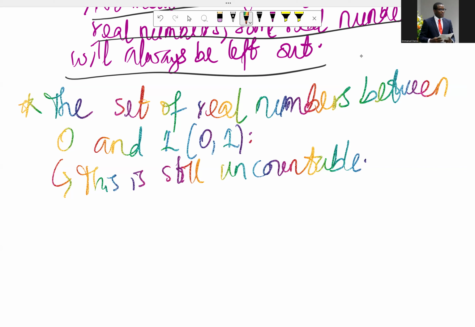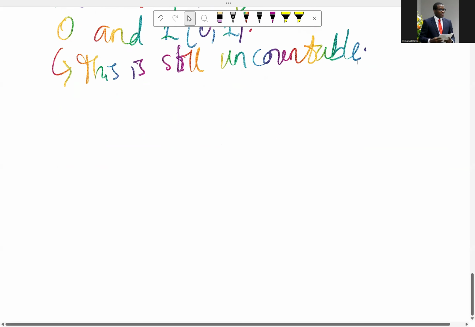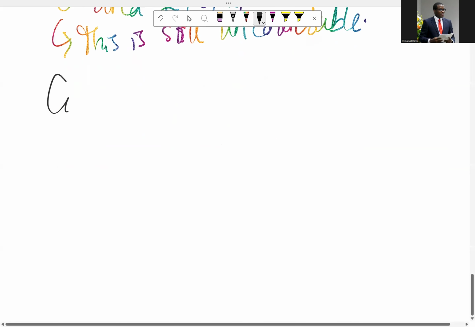So let's talk about the concept of cardinality. Of course, I've talked about it previously, but let's talk about it now in the context of countable and uncountable sets.